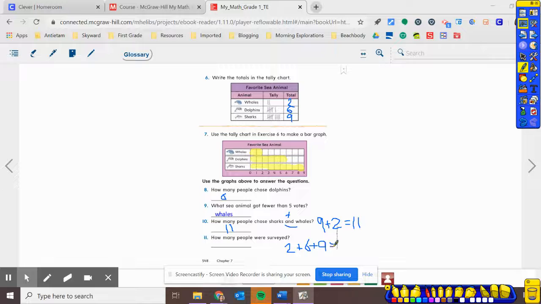All right, now I'm going to break that up for myself, and I'm going to pair these first 2 numbers together. So 2 plus 6 equals what? Well, 2 plus 6 equals 8. Then I have to add this other number too. So now I have 8 plus 9. What does that equal?